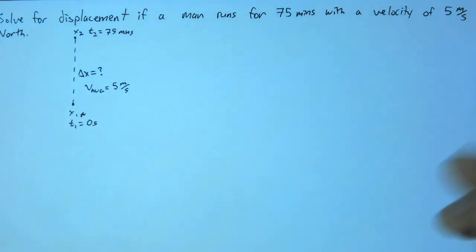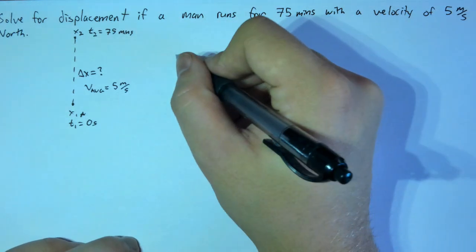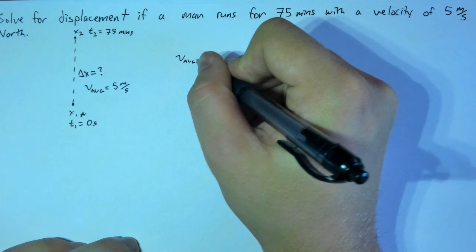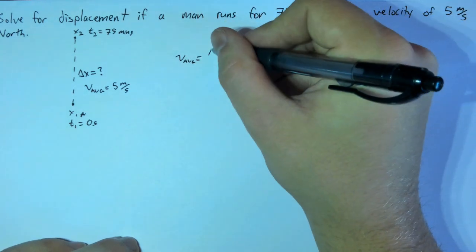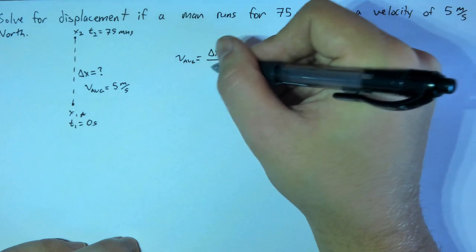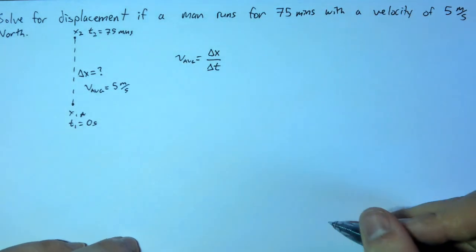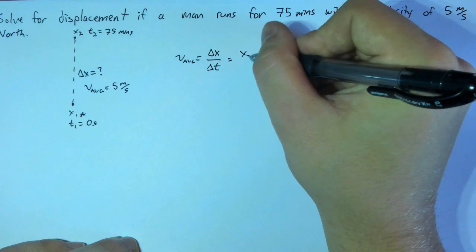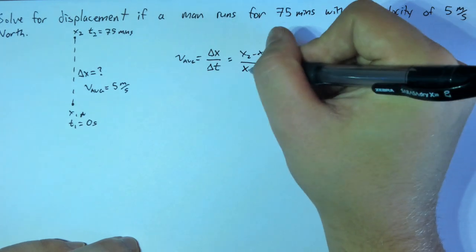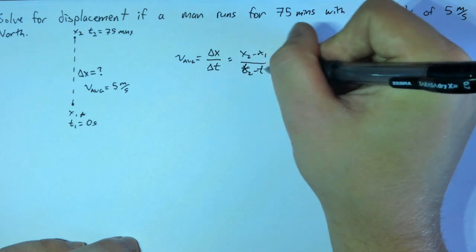Okay, so now we can use our velocity equation, where our average velocity is our change in distance over our change in time, which is just x2 minus x1 over t2 minus t1.